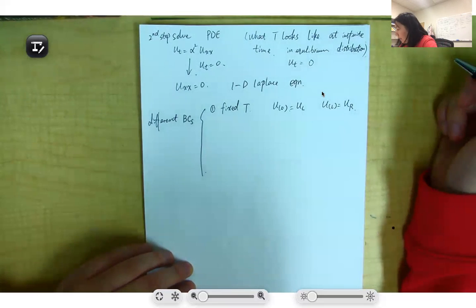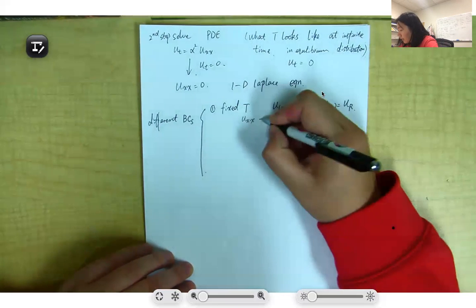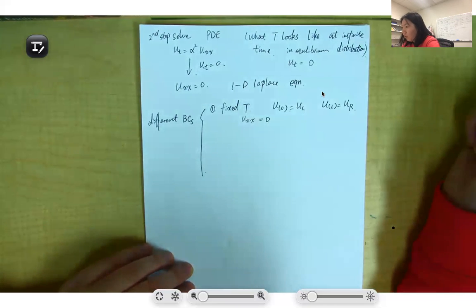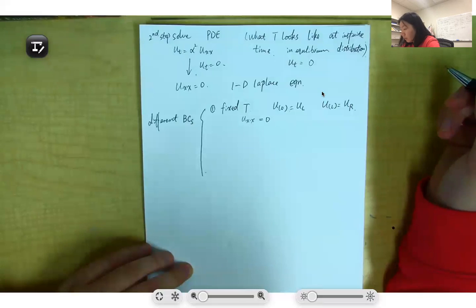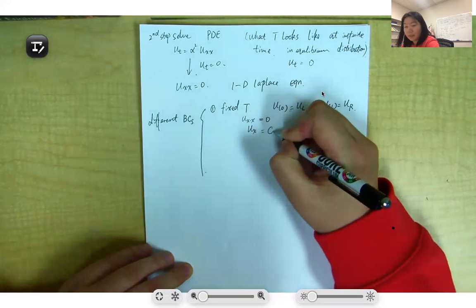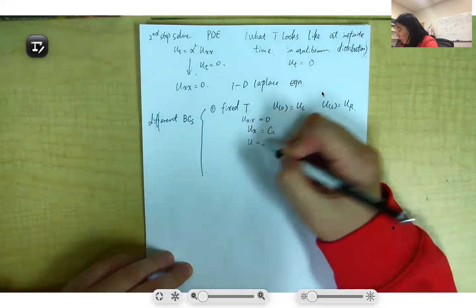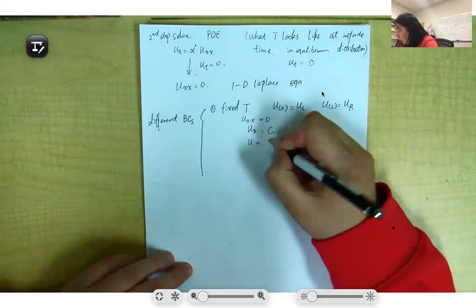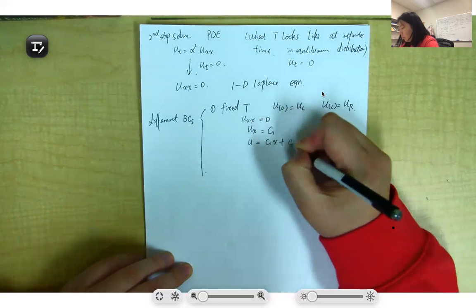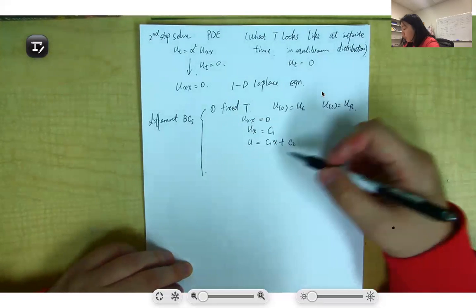Then Uxx equals 0. Then what should Ux be? The first derivative of x should be some constant. Then my U should be C1x plus C2. So that is our temperature distribution as a function of x.